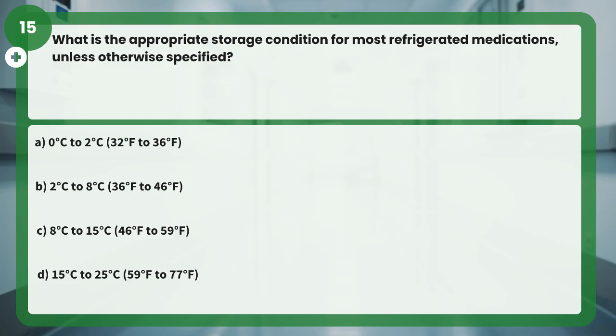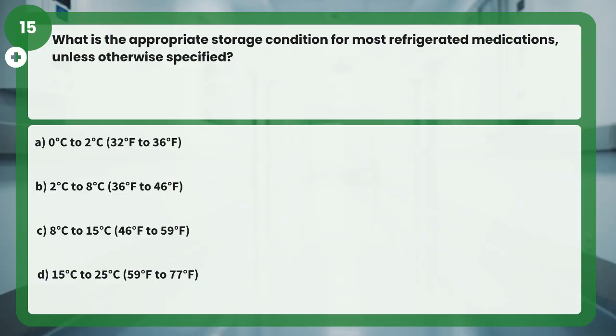Question 15. What is the appropriate storage condition for most refrigerated medications, unless otherwise specified? A. 0 degrees Celsius to 2 degrees Celsius, 32 degrees F to 36 degrees Fahrenheit. B. 2 degrees Celsius to 8 degrees Celsius, 36 degrees F to 46 degrees Fahrenheit.